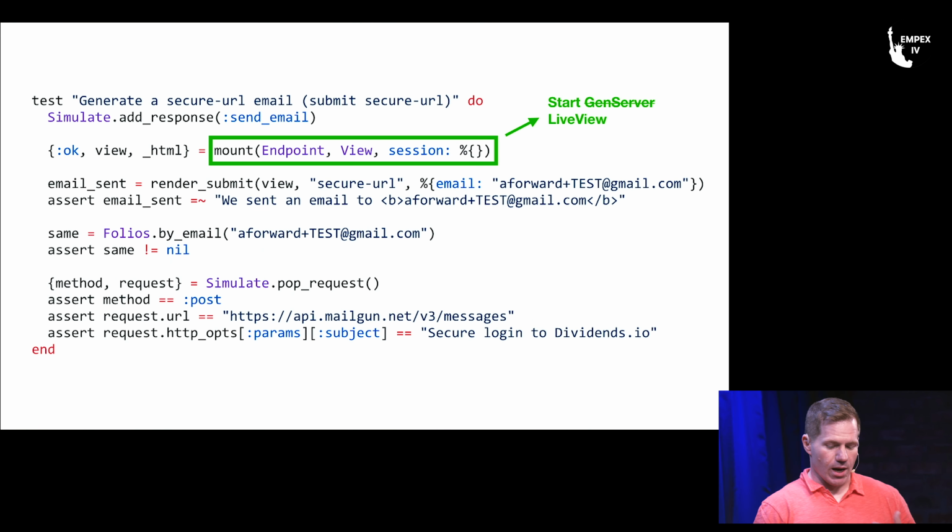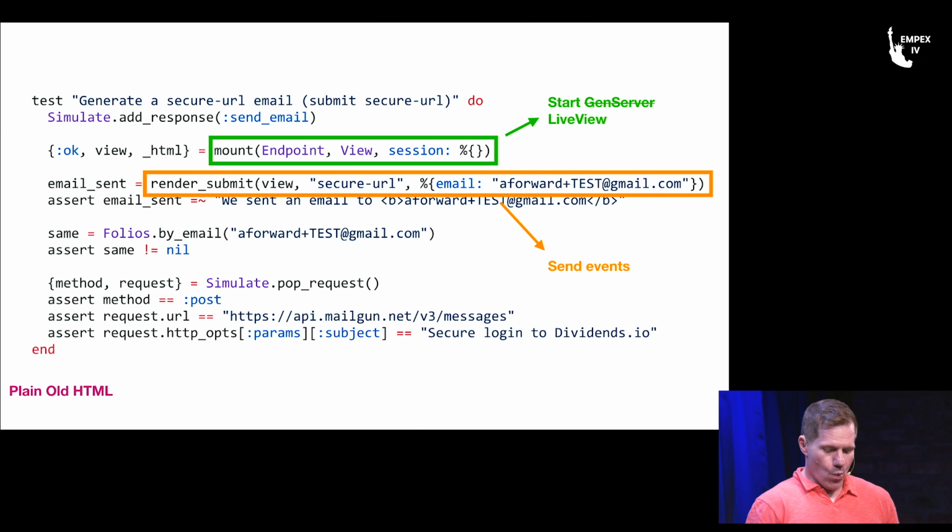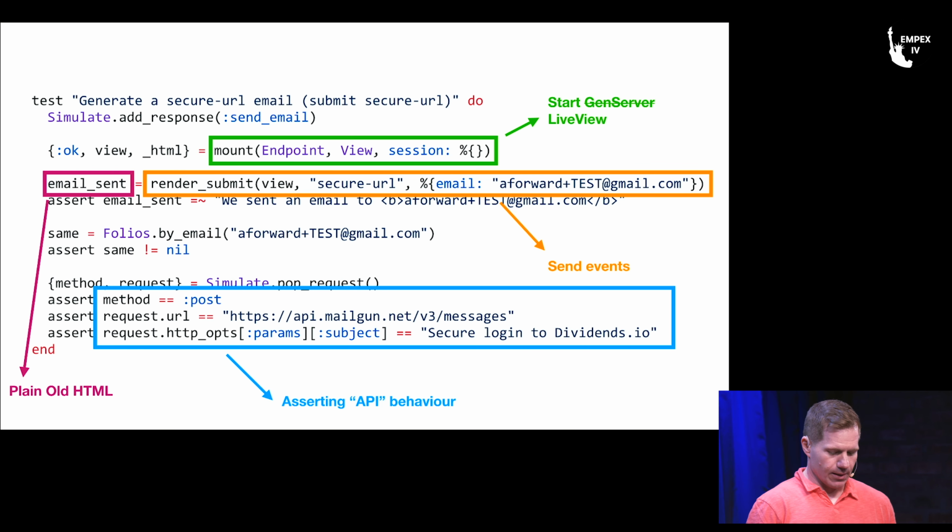We're going to start the LiveView with a mount, and it's going to return the same function that we had before. We can now render submits, render events. It's just plain old HTML that comes back. So the same kind of assertions we had on regular non-LiveView works as is.